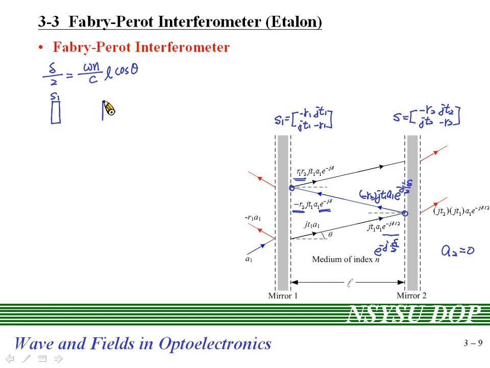And we also have mirror 2 here with the corresponding scattering matrix S2. At pole 1, we have input A1 and output B1. At pole 2, we have input A2, which is set to be 0, and output B2.